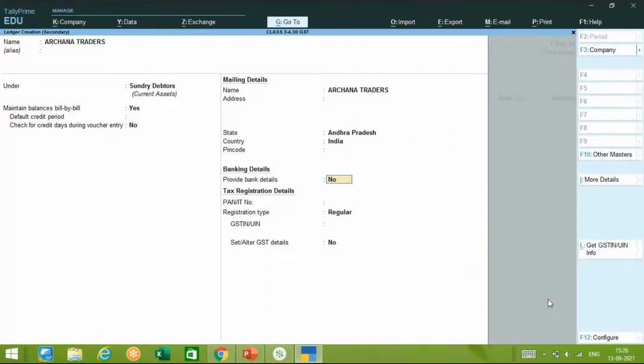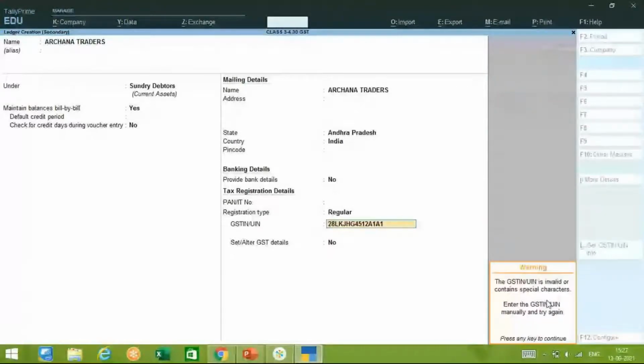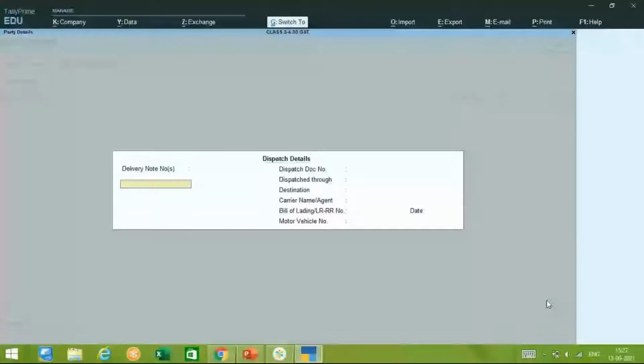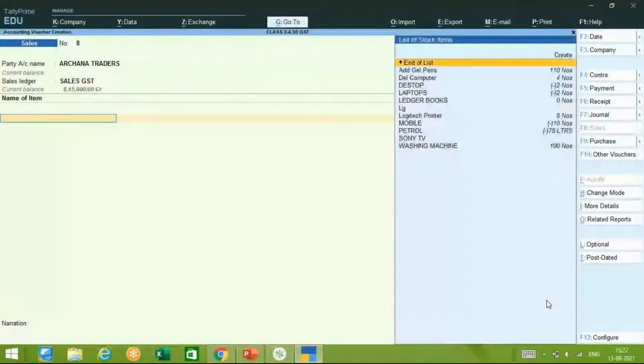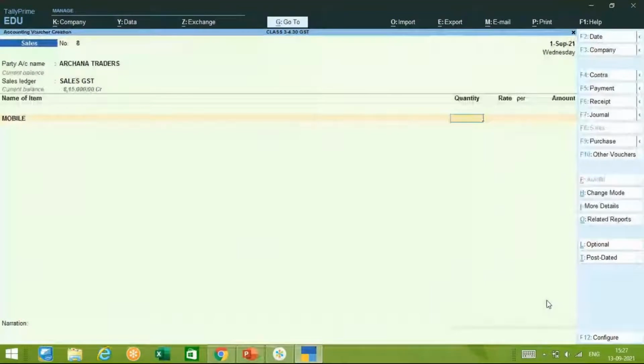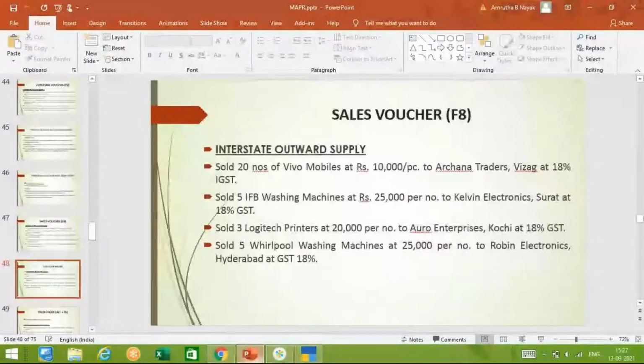Code for Andhra. Class. Ma'am, 20 numbers.